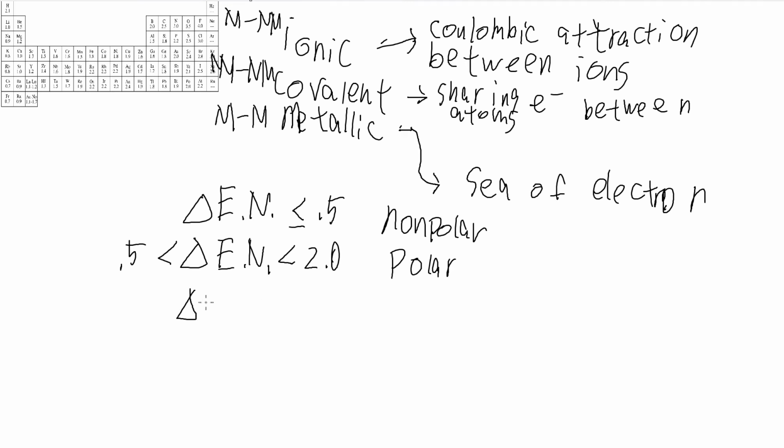Now, if the delta EN is greater than 2.0, this is considered ionic bonding. So if you take lithium and fluorine, that has a delta EN of 3, which would be considered ionic. Aluminum and chlorine is a little bit different. Aluminum has an electronegativity value of 1.5. Chlorine has 3.0.